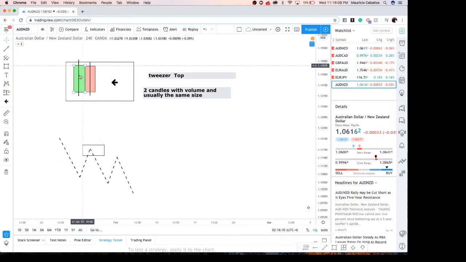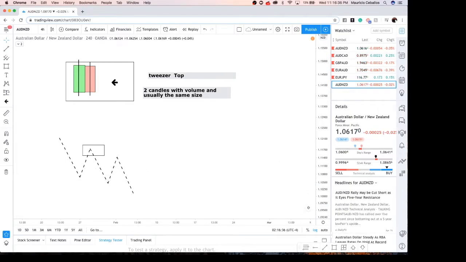So when you start identifying tweezer tops or tweezer bottoms, they're usually at support or resistance levels, and when you look into price action so in depth, you'll be able to understand that most of these are institutional candles, right? So many of you guys ask, how do you identify institutional candles? How do you know when this is a verified one or not?